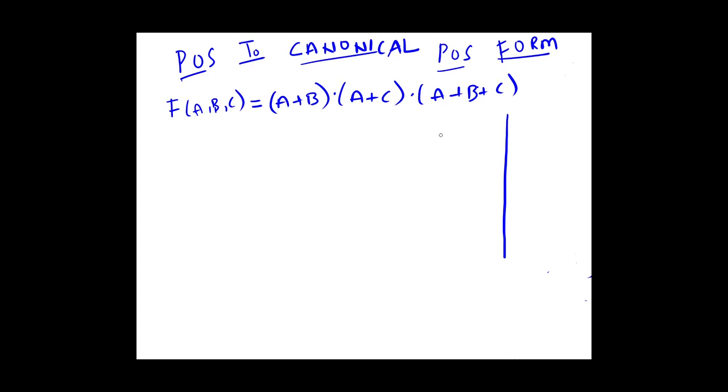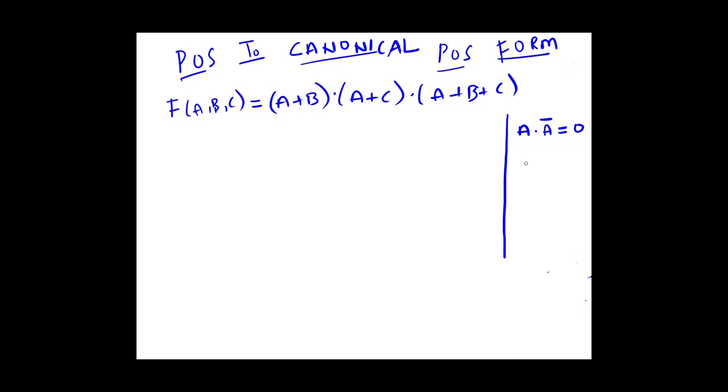Before starting this, from the Boolean laws, if you have seen how to convert SOP to canonical SOP, we used two Boolean laws over there. In the same way, in POS form, we use the other two Boolean laws. Those are: consider A into A bar is equal to 0.